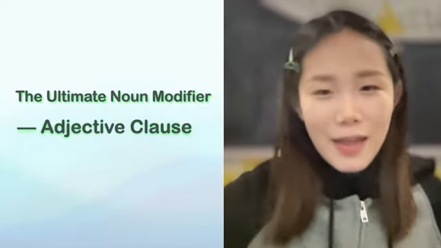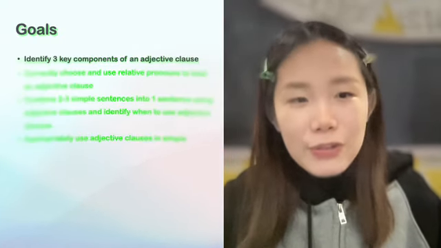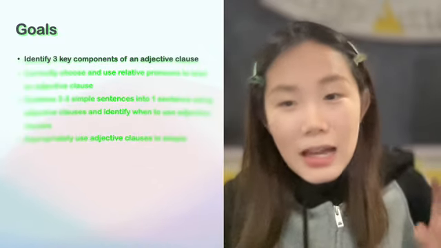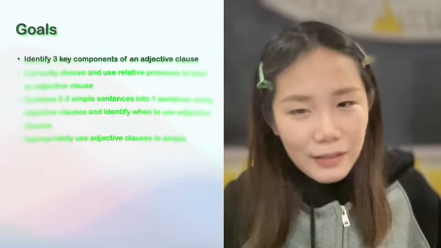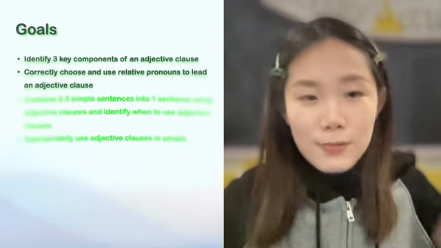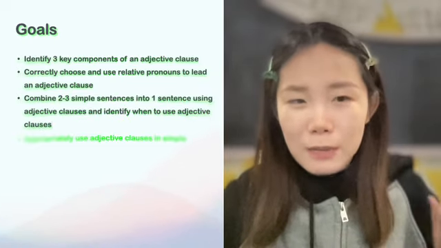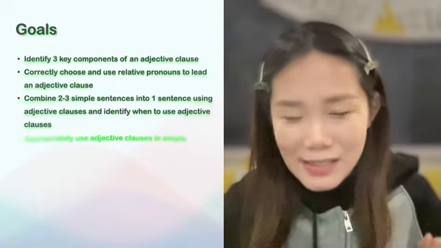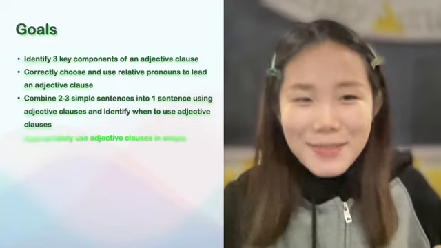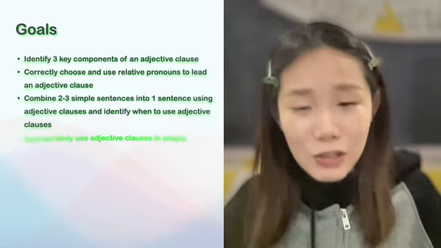Through today's lesson, we have four goals. First, you will be able to identify three key components of an adjective clause. Second, you will be able to correctly choose and use relative pronouns to lead an adjective clause. Third, you will be able to combine 2 to 3 simple sentences into one sentence using adjective clauses and identify when to use adjective clauses.